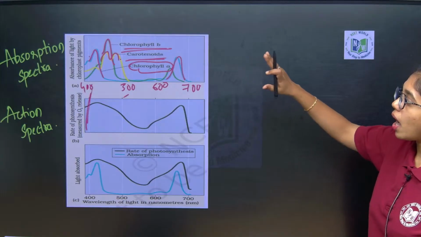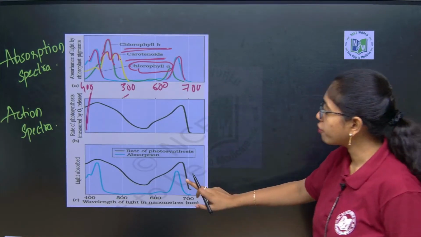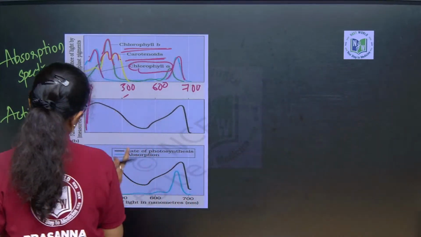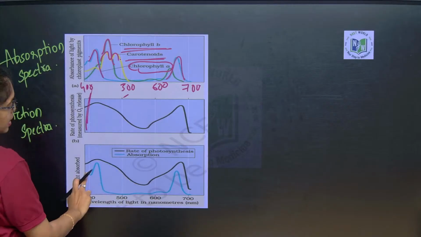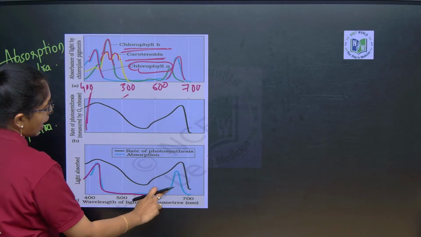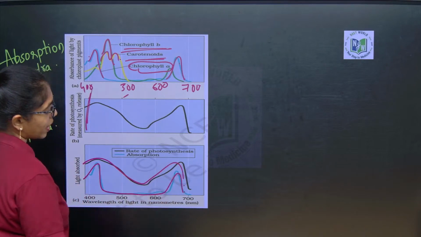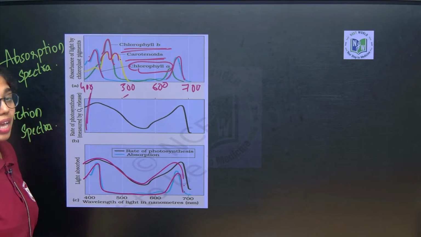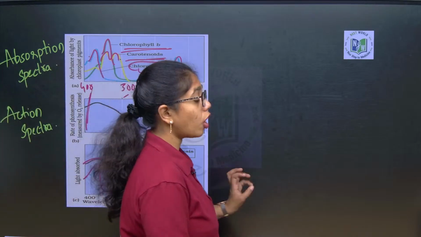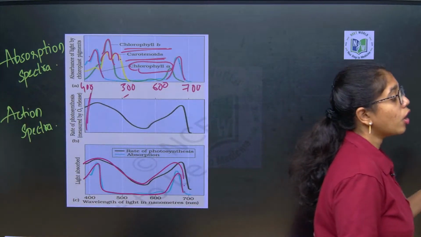Action spectra and absorption spectra of chlorophyll A are coinciding. You can see clearly, this is the graph of the absorption spectra of chlorophyll A and this is of the action spectra of chlorophyll A. Both action spectra and absorption spectra of which pigment are coinciding? Chlorophyll A.